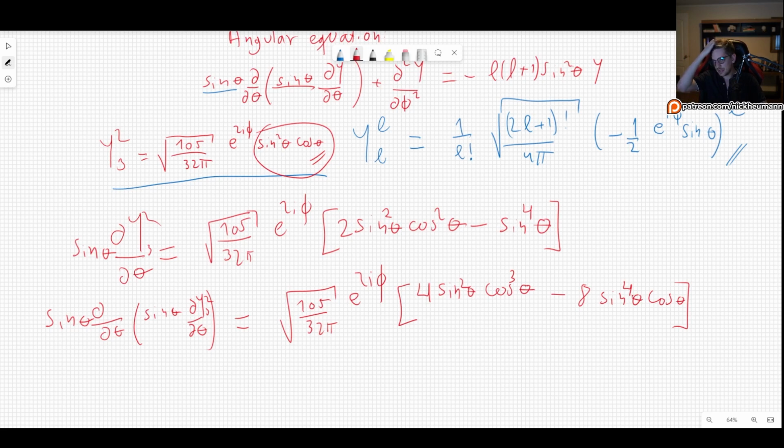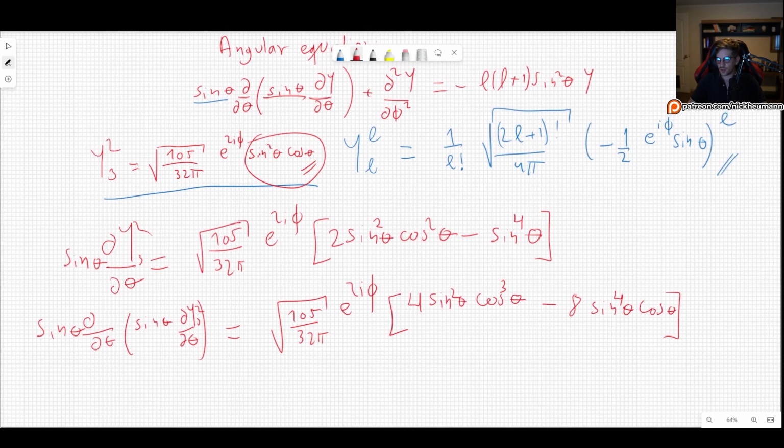Okay, so what does this look like? Considering that we started with this, sine squared theta cosine theta, is there any way we could possibly simplify this? It doesn't really look like it at first glance. But notice that this first part is what we have right there, but times cosine theta.